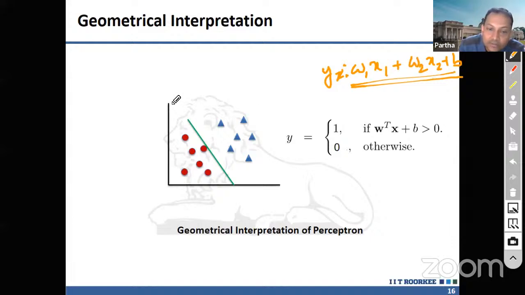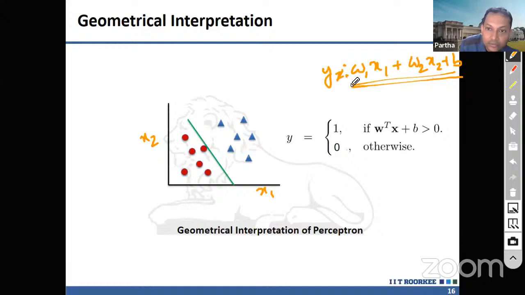If you see the visualization, with x1 and x2 axes, this is a line. It will decide where you are placing this line. If all these examples are on one side, they will be of the blue category, otherwise they are in the red category. This is the separator.